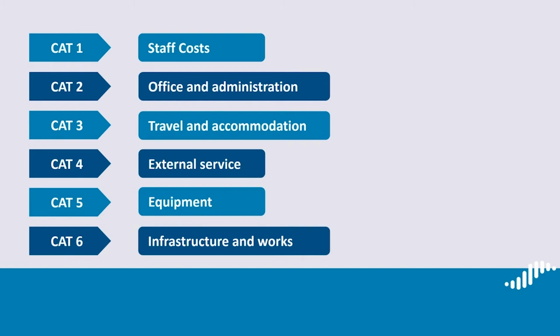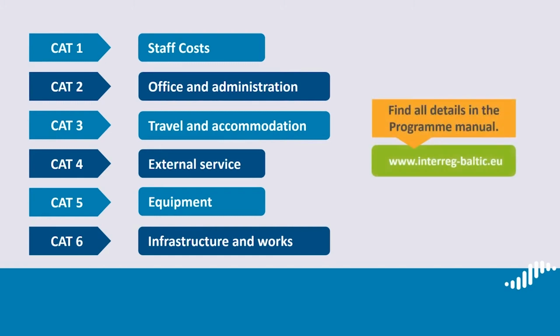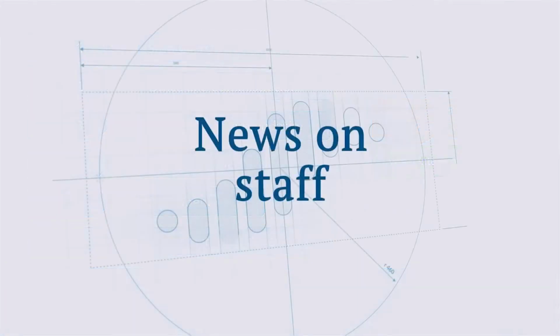When planning the budget, you will use those categories to sum up the corresponding costs types such as staff cost, office and administration, travel and accommodation, external service, equipment, infrastructure, and works. You can check details about eligibility rules for each cost category in the program manual. You can find it on our program website.